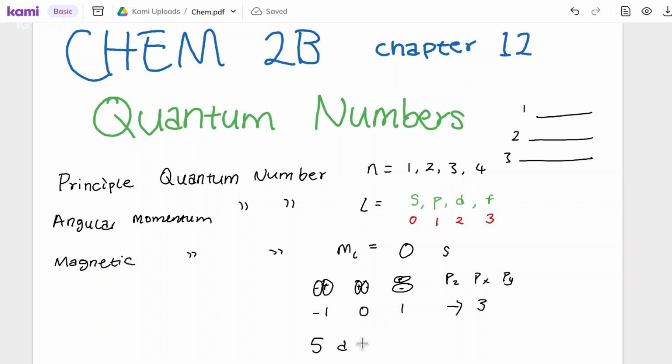For the magnetic quantum number of the D orbitals, we're going to have -2, -1, 0, 1, and 2, and then they're assigned to all the different shapes. If you count these up, 1, 2, 3, 4, 5, you realize that there are 5 possible configurations of D orbitals, and that's what the magnetic quantum number means.